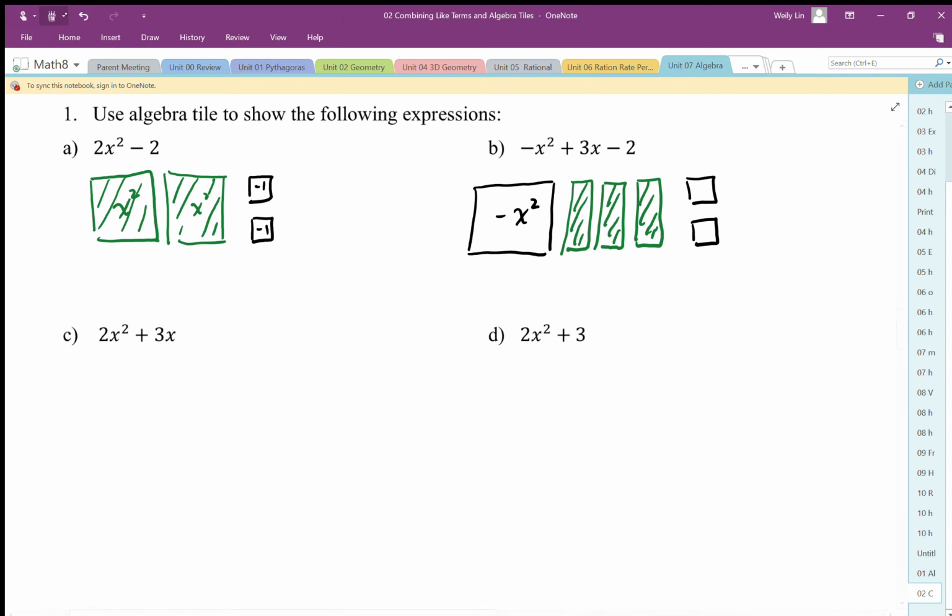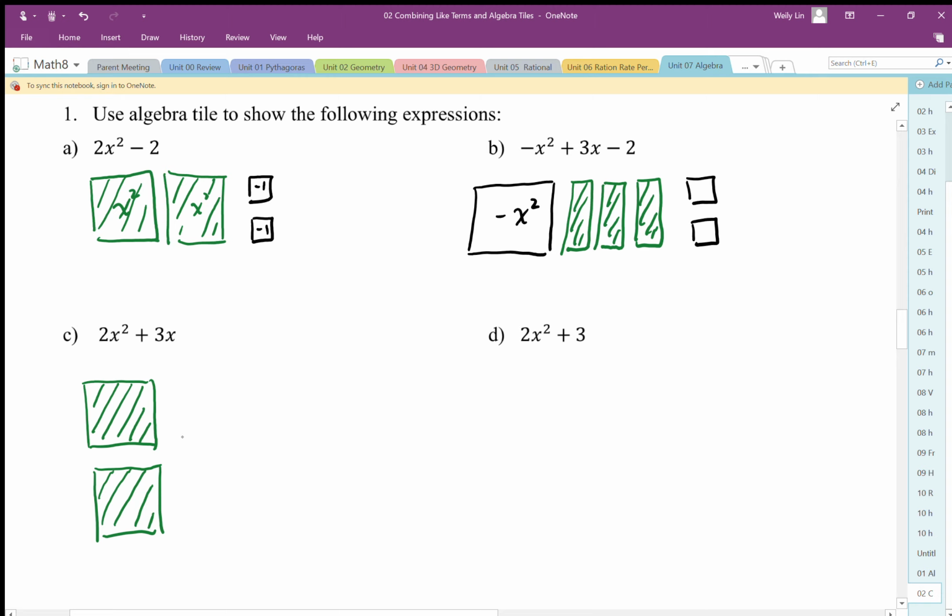2x squared plus 3x. Identify the parts that you have. X squared and x are different, so we need 2 different tiles for that. We're going to have a shaded x squared tile, so the large tile represents x squared, and we're going to have 2 of those.